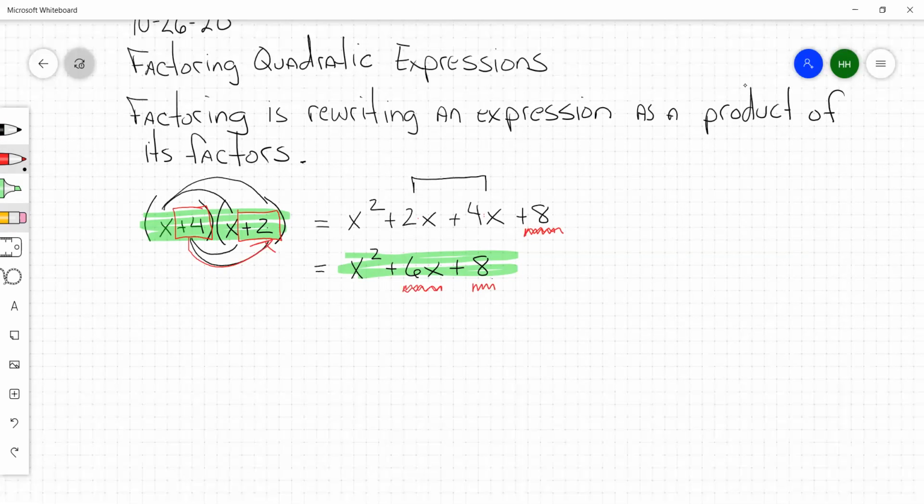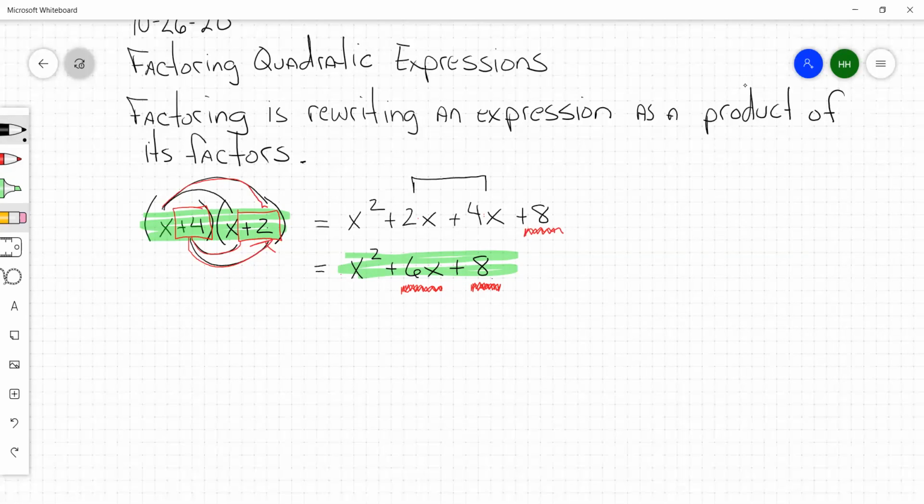All right, which was this 4 times x, which was the 4x, and it was this x times 2, which was a 2x. And I'm using a lot of words here, but what I'm trying to get you to understand is that when you're factoring a trinomial and this a value in front of the x squared is a 1, what you're looking for is two numbers that multiply to 8, but they add to positive 6. Multiply to 8, add to positive 6. And that's how factoring works.